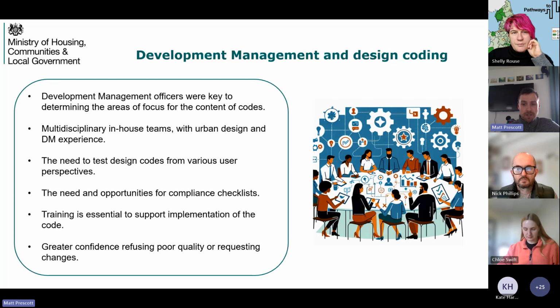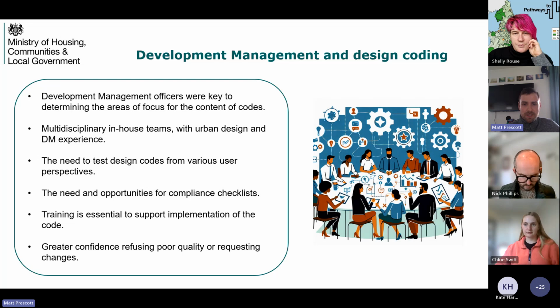And 16 of the 18 Pathfinders surveyed in phase three involved their DM teams in procurement. For this reason, it is desirable to have multidisciplinary in-house teams, including representation from DM or someone with DM experience. This can help you understand DM processes and align priorities to inform code development and implementation.